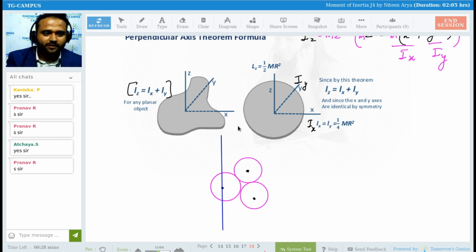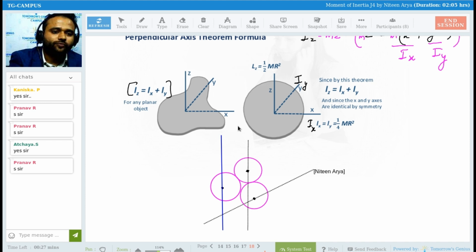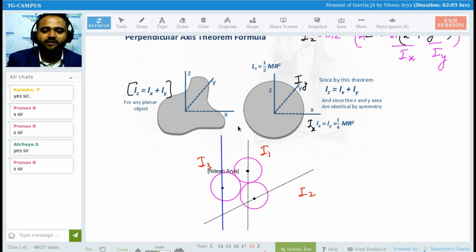Okay, is this clear now? So now, if you know the moment of inertia for this particular thing, which is I prime 1, and for this particular thing, which is I prime 2. Suppose this is your I2 axis, this is your I1 axis, and we want to find it from the I3 axis.